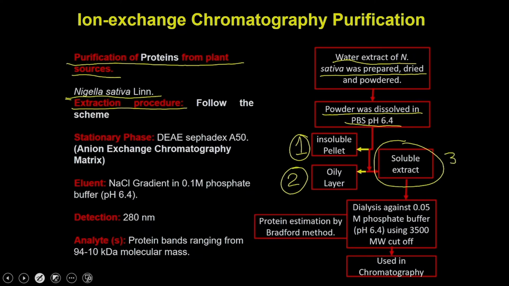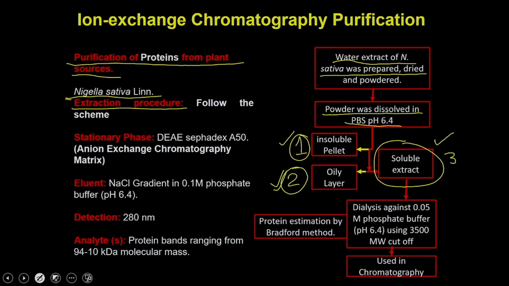So, once you have dissolved this powder into PBS and vigorously mixed it, carefully first remove the oily layer from the top with the help of a pipette, and then you spin this mixture, and that is going to give you the insoluble pellet as well as the soluble extract.